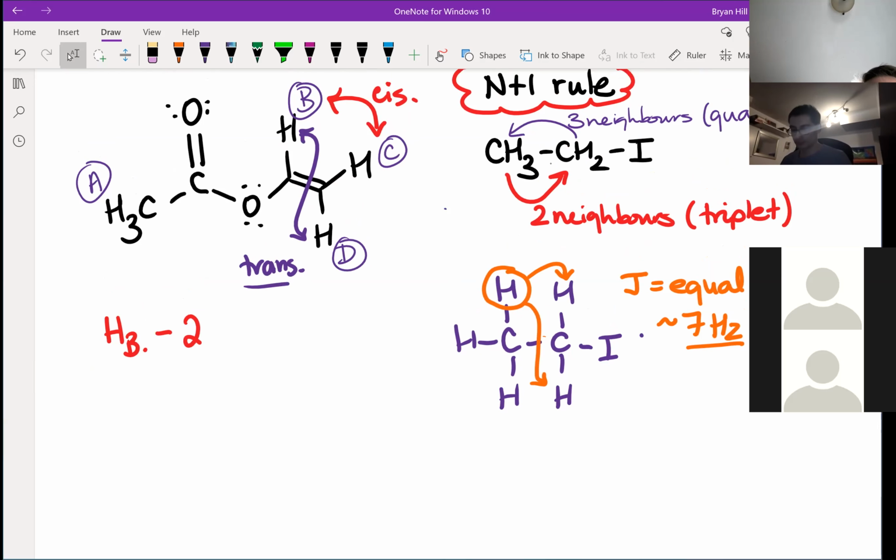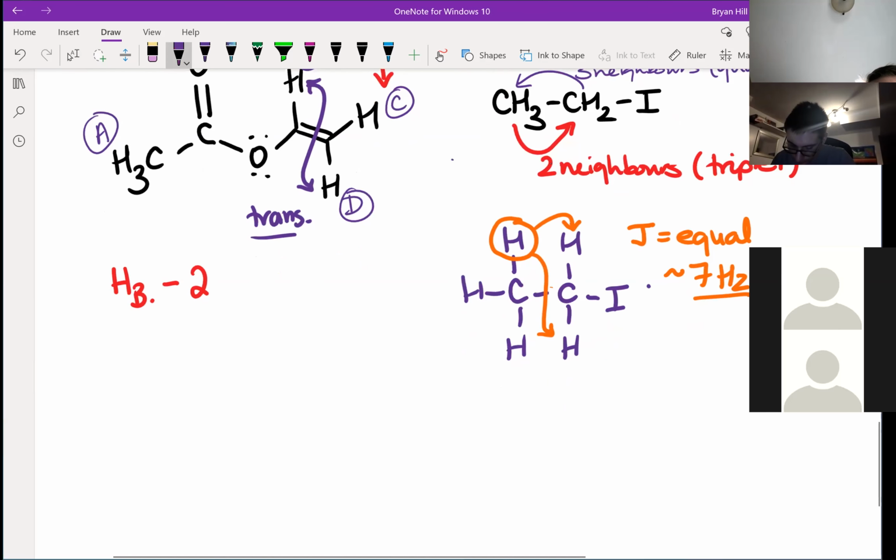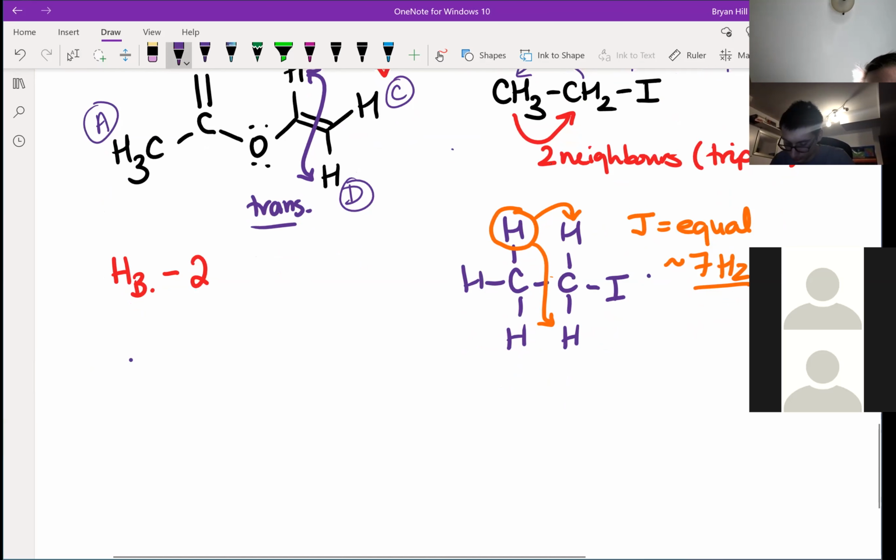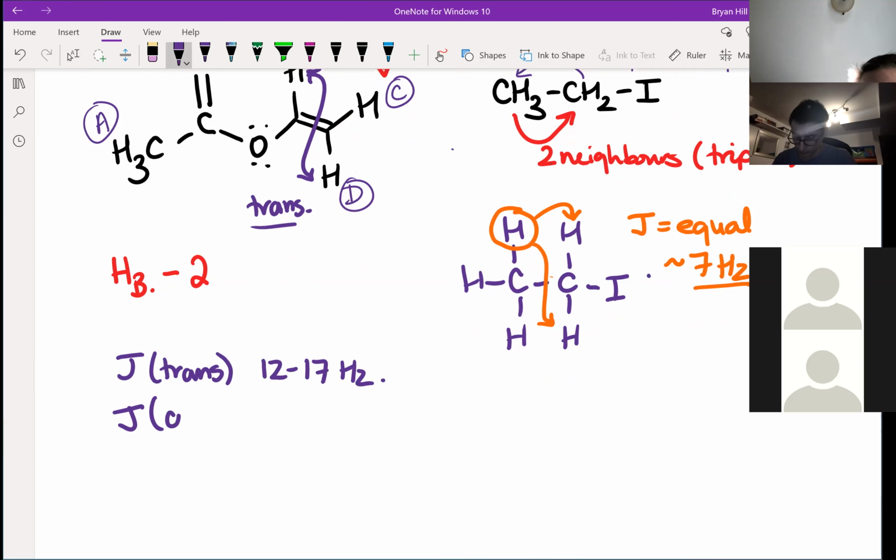A typical J value for trans coupling was in the range of 12 to 17 Hertz, if my memory is correct. And the J coupling for a cis was between 6 and 12 Hertz. So there was quite a difference between the two of them.